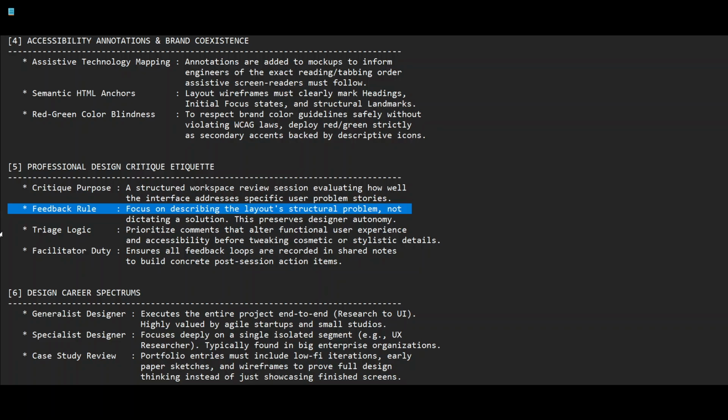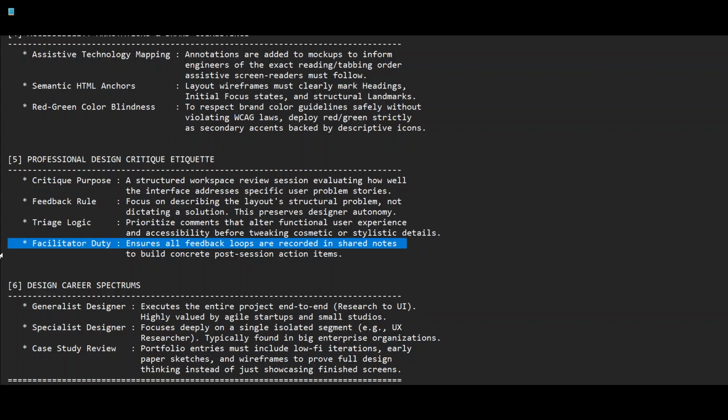And then the triage logic prioritizes comments that alter functional user experience and accessibility before tweaking cosmetic or stylistic details. And then the facilitator duty ensures all the feedback loops are recorded in shared notes to build concrete post-session action items. Okay. And the sixth topic was design career spectrums.